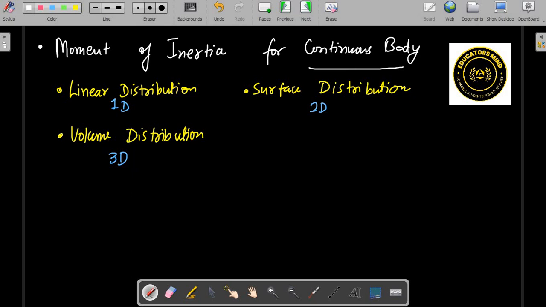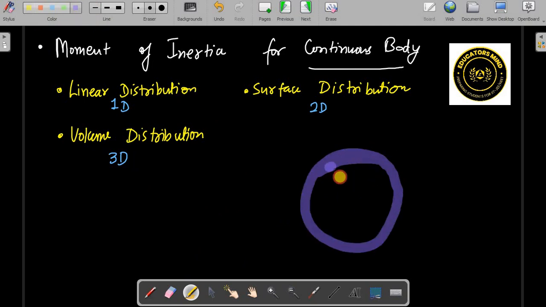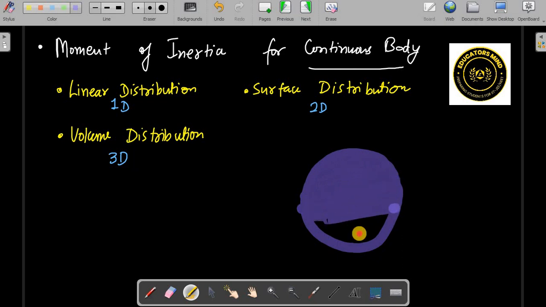And if distributed over a volume or a space, that's a three-dimensional body, right? For each of these categories you can see, but in general I will tell first. Suppose this is a body, some kind of object.